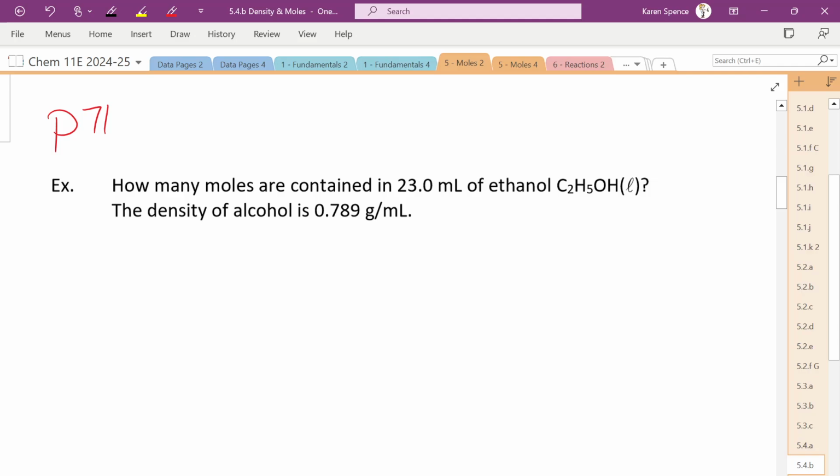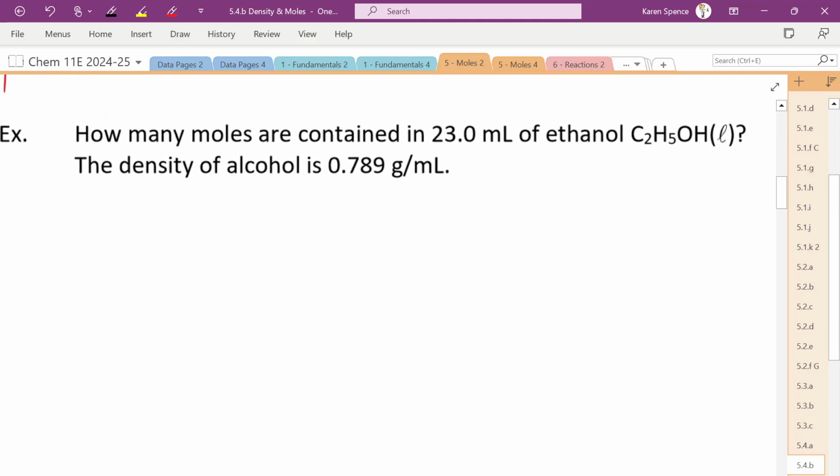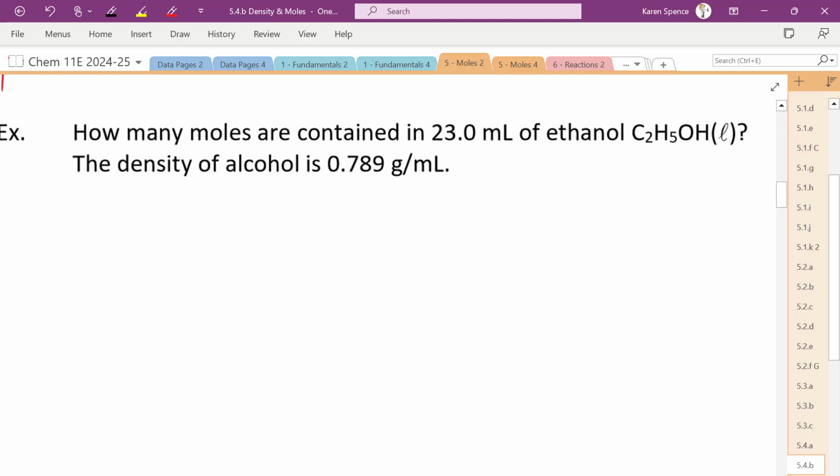So if we look at our question, what will we be starting with? Will we be starting with our density, or will we be starting with milliliters? Tell your partner. Which one is your initial quantity and which one is a conversion factor?